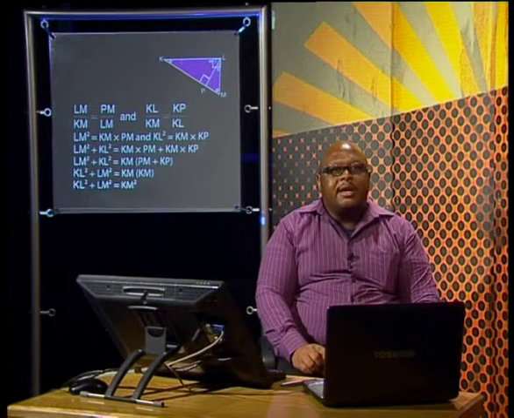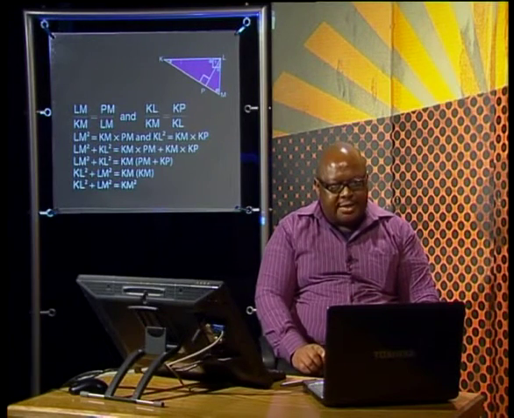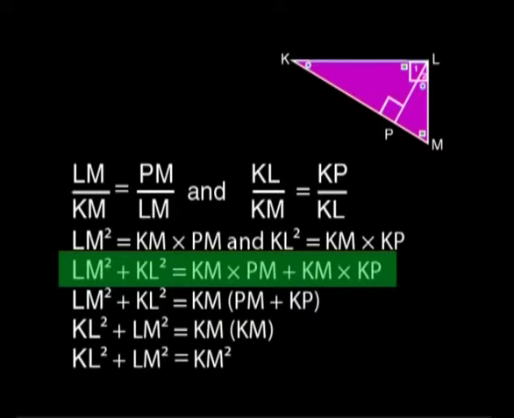We have come to something with the two shorter sides of triangle KLM squared. If we add KL squared and LM squared, we get them equal to KM times PM plus KM times KP.